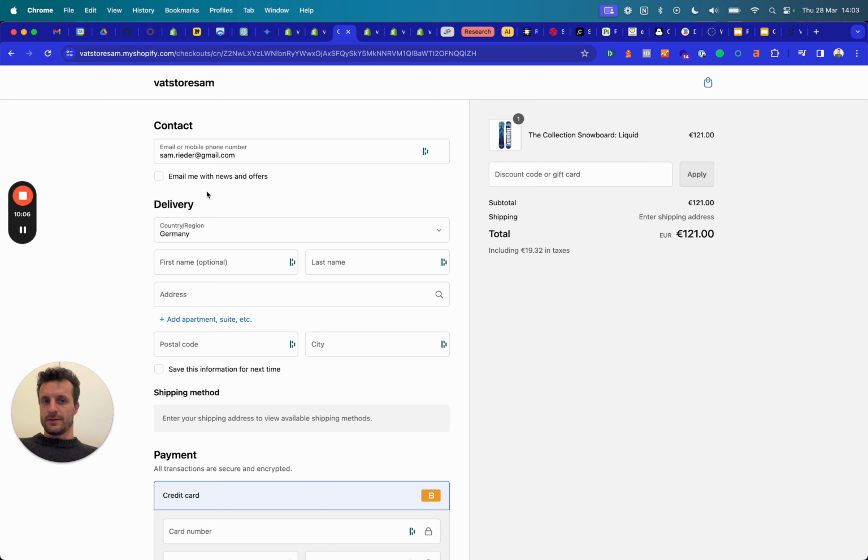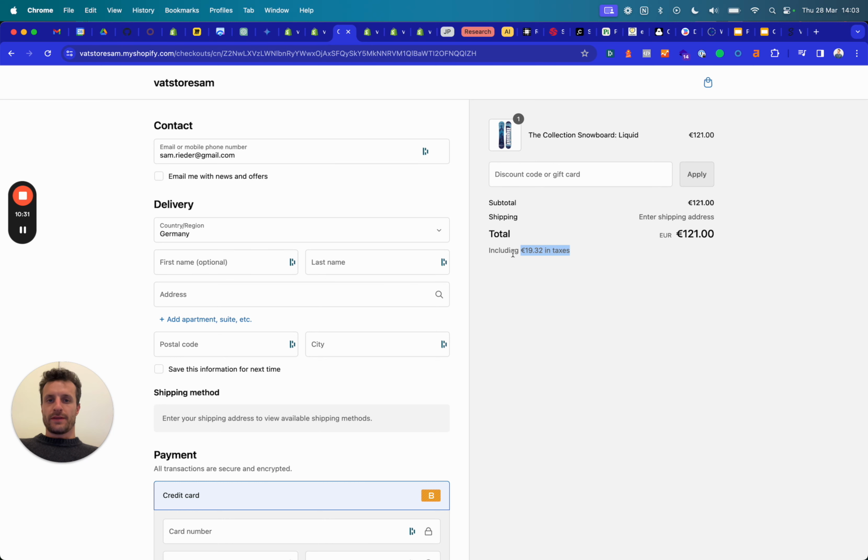So it says now that it has 19.32 taxes included because we're shipping to Germany. So it's 19%, right? VAT that is added to your order, right?